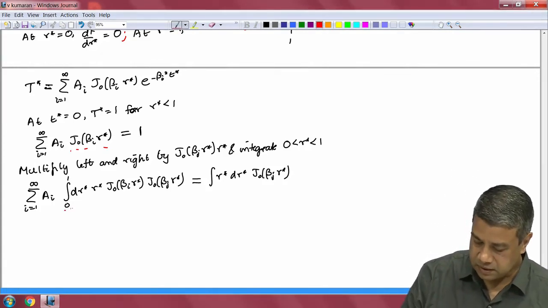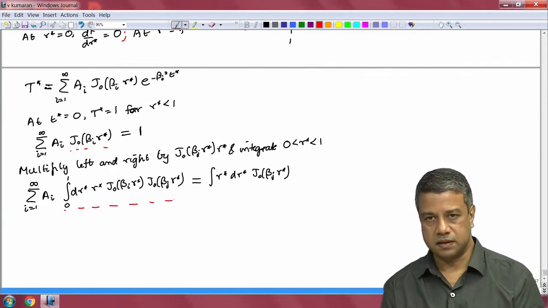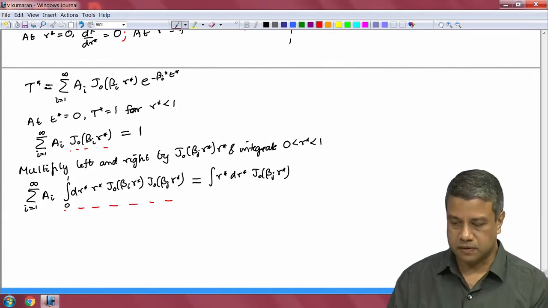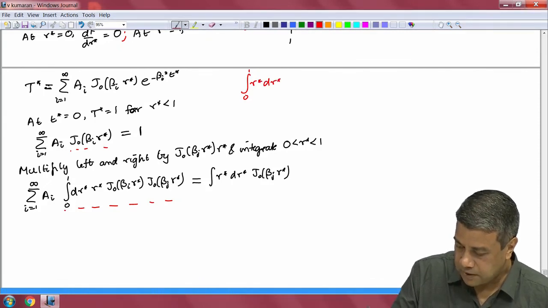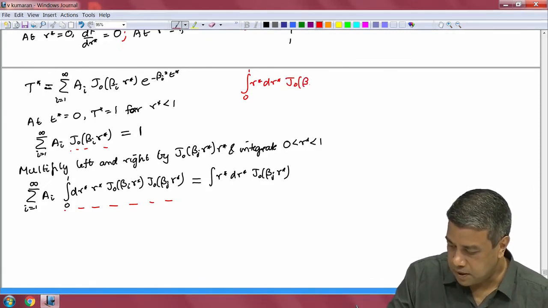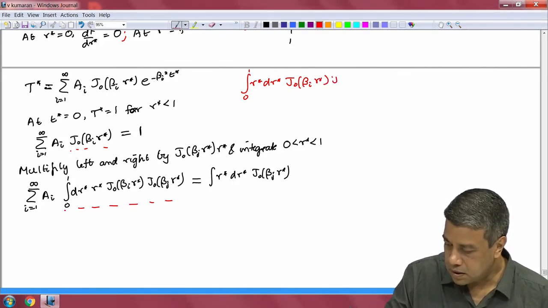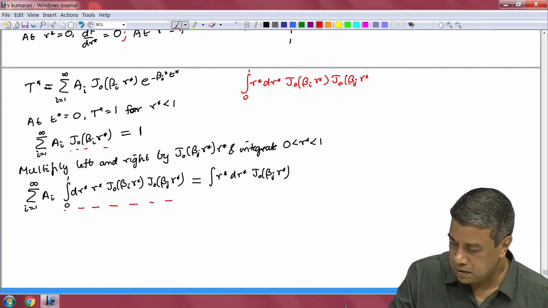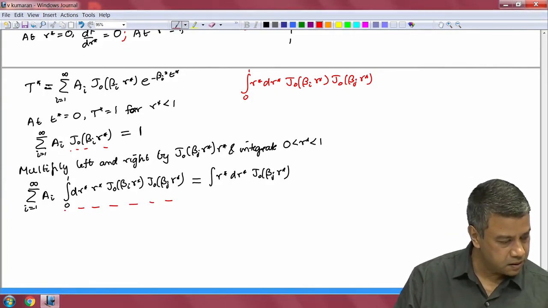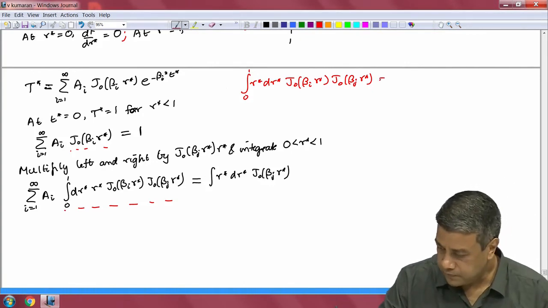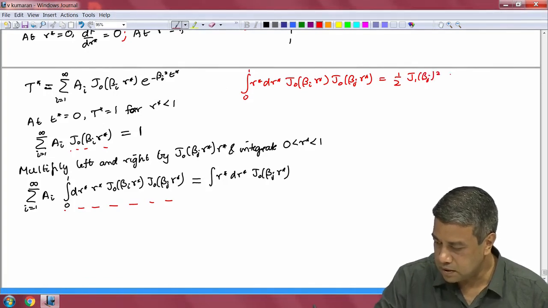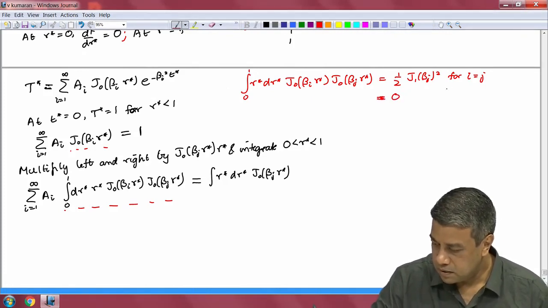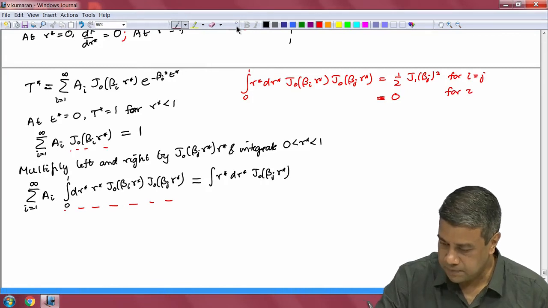It turns out that this integral satisfies the orthogonality relation, that is, the integral from 0 to 1 of r dr, j naught of beta i r times j naught of beta j r, is equal to half times j 1 of beta j the whole square for i equal to j, and is equal to 0 when i is not equal to j.